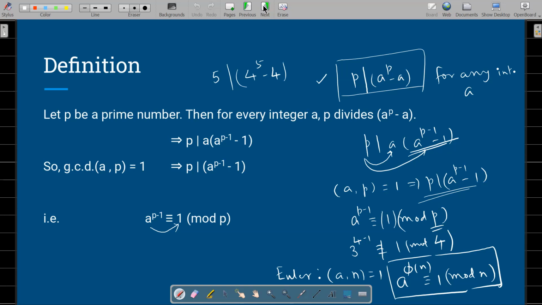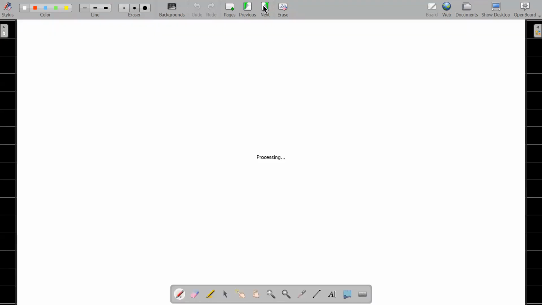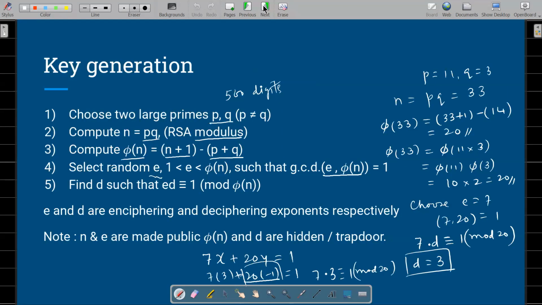Sir, you wrote the last 7x plus 20y equals 1, right? Just a minute, I'll come to that. Sir, in this you wrote 7x plus 20y equal to 1, so you substituted x equals 3 and y equals -1. Why is that so?